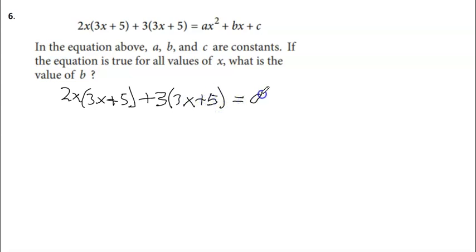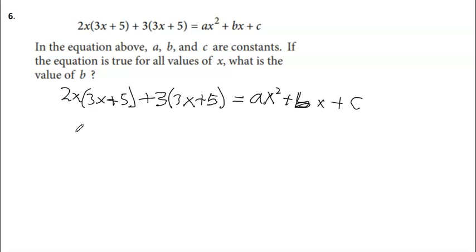And then on the right, we have ax squared plus bx plus c. So let's focus on the left-hand side.